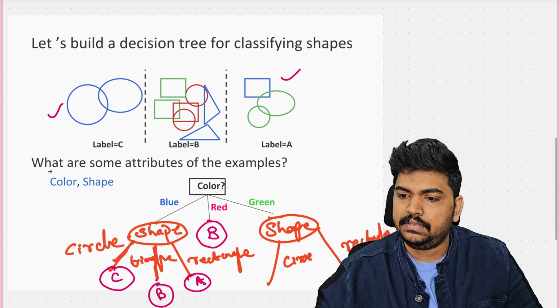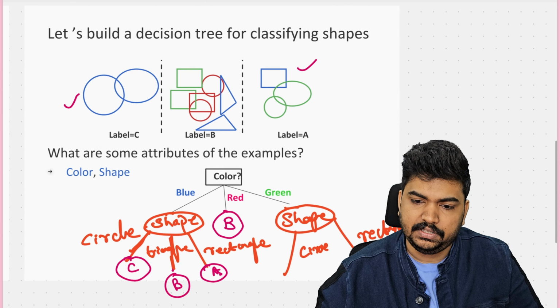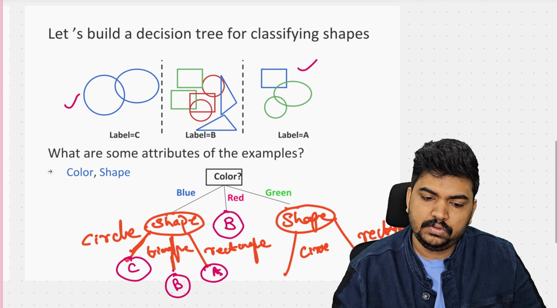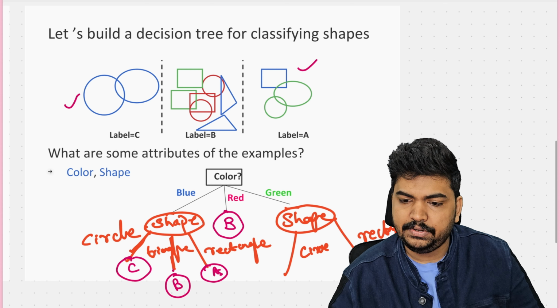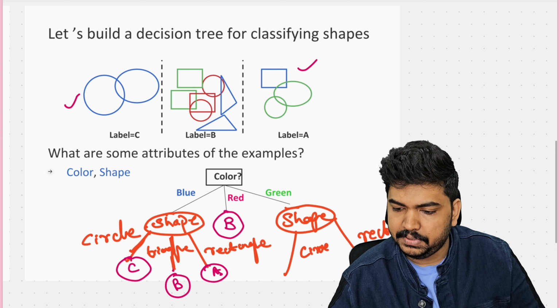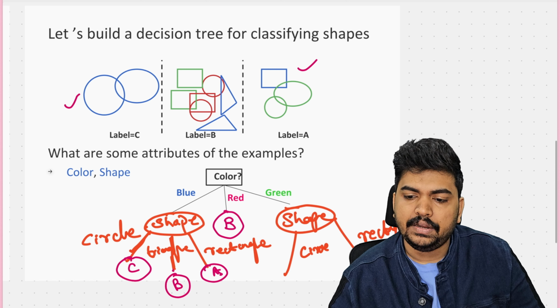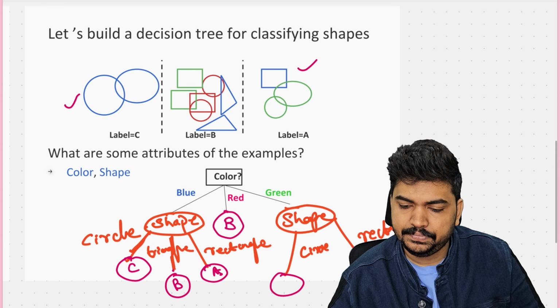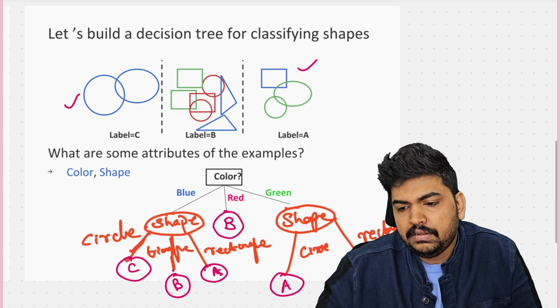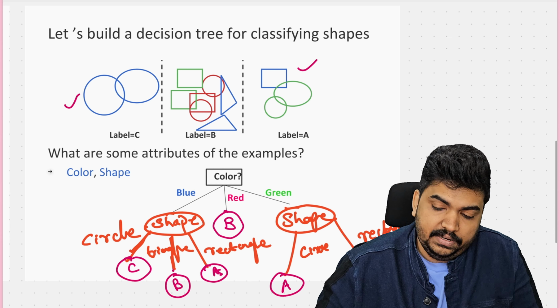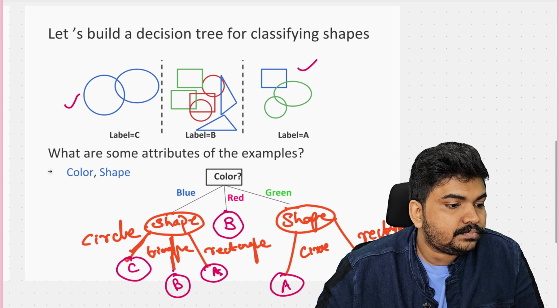If it's a rectangle, we go to label B, and if it's a circle, we go to label A. We do not have a means to tell for triangle, so we will stop here.